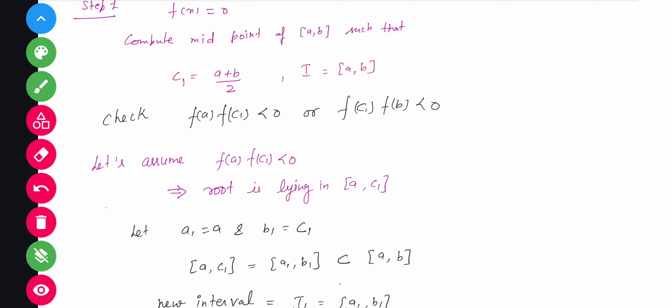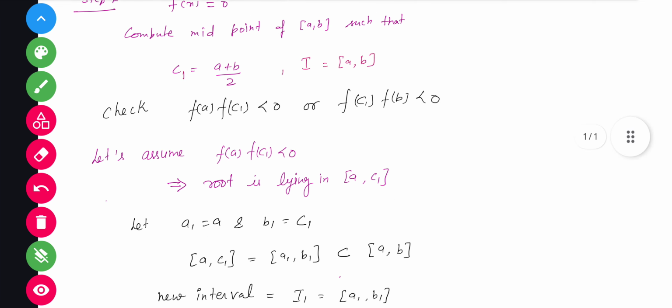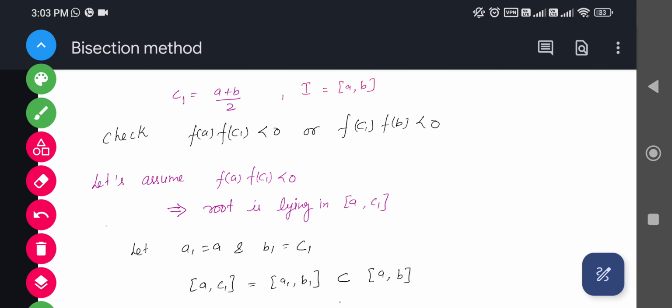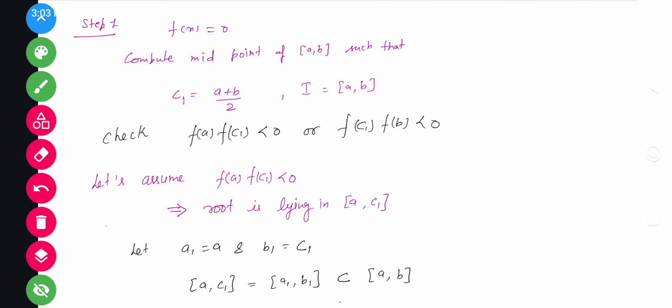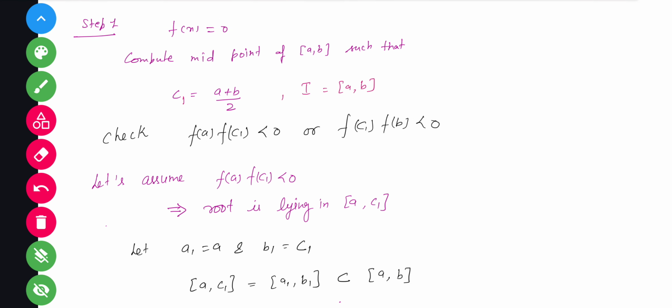This is the general form of representing the steps. You can see that here we are finding the midpoint.